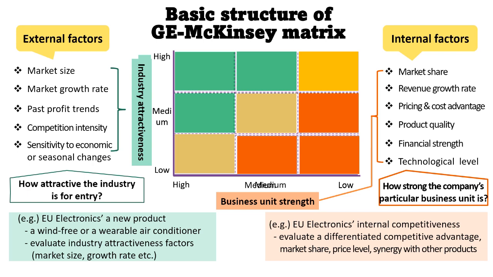We evaluate factors such as whether our products have a differentiated competitive advantage, what is the market share, what is the price level, and whether there is synergy with our other products. Based on this evaluation, we categorize our business unit strength into 3 levels, high, medium, and low.